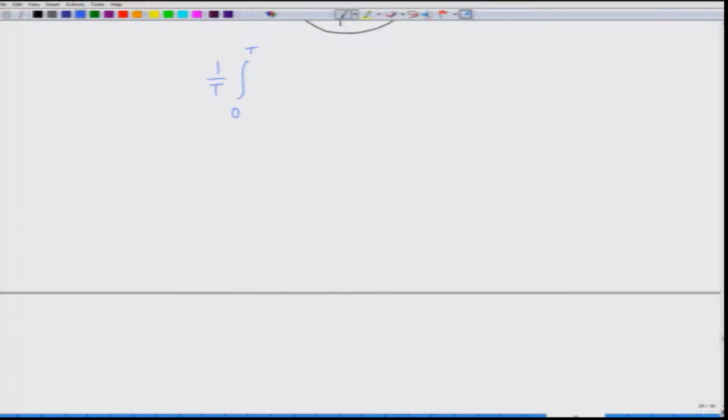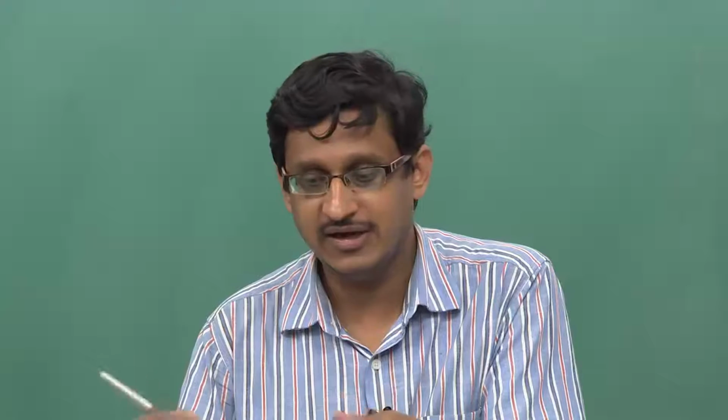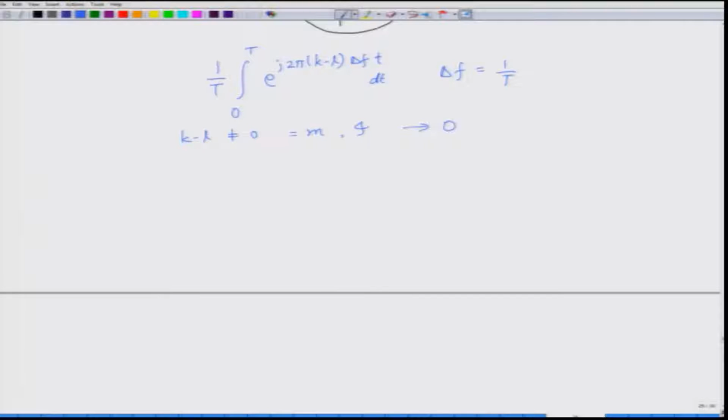Recall that if you take this integral of e^{j2π(k−l)Δf t} dt, and take delta f equal to 1 by T, and then consider k minus l not equal to 0 but rather equal to m, where m is some integer, then this would be an integration of a sinusoidal signal which has m cycles inside one period. Because a sinusoidal signal having m cycles within one period will integrate out to 0, when k is not equal to l, this result will be equal to 0.